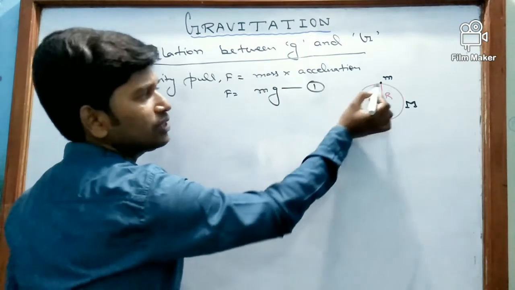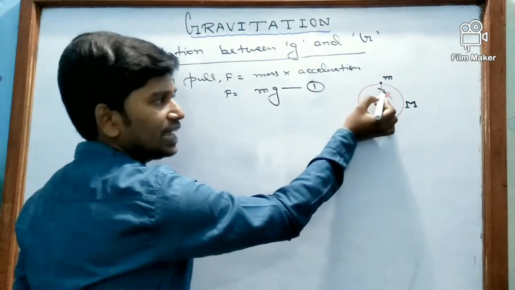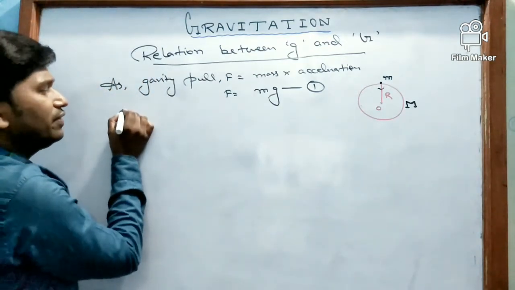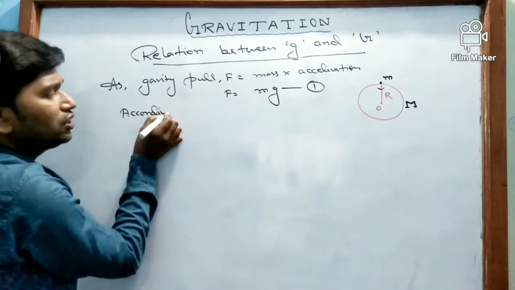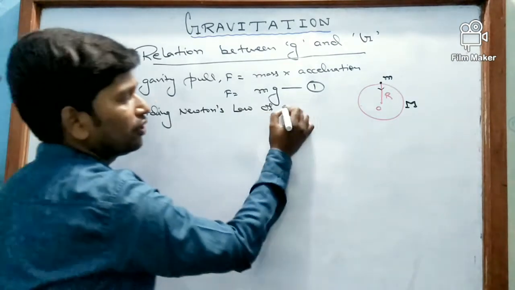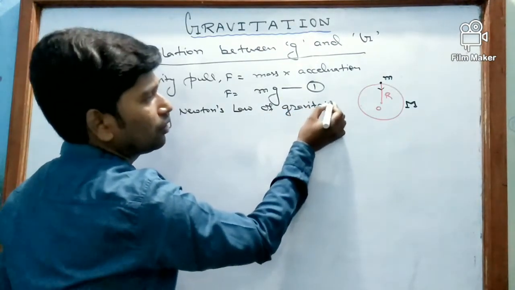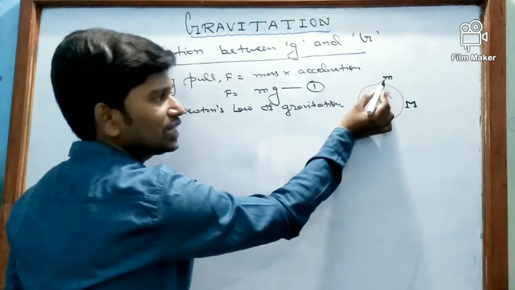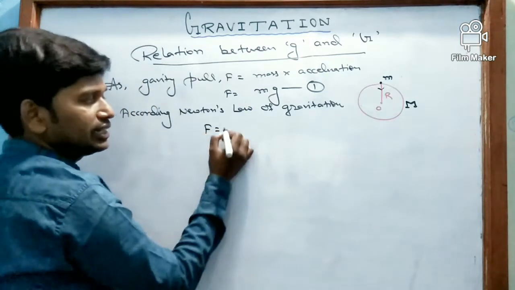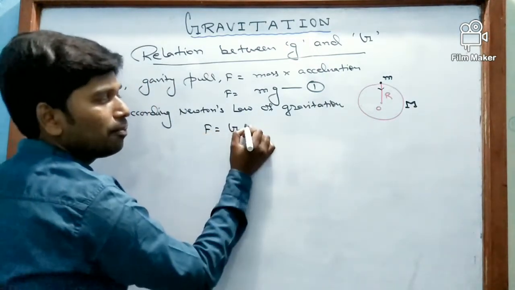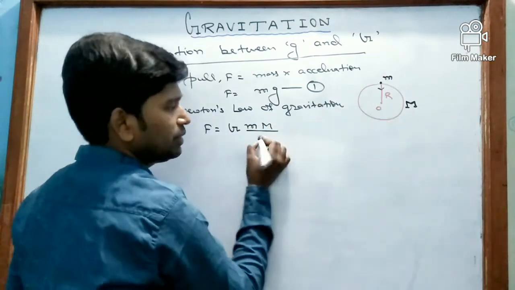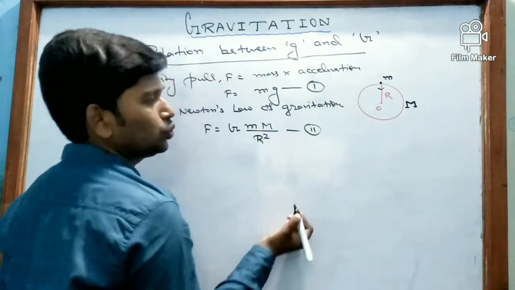So mg is the force acting on this body, and it is acting towards the center of Earth. Let it be equation 1. And according to Newton's law of gravitation, this body will experience a force due to the Earth, and that force is capital G, mass of the body, mass of the other body, divided by the distance between them, that is r square. Let it be equation 2.